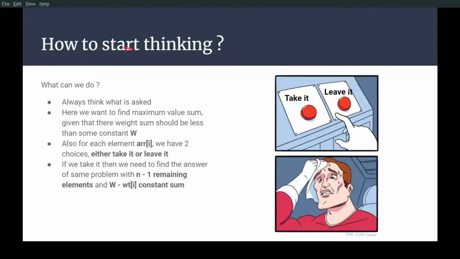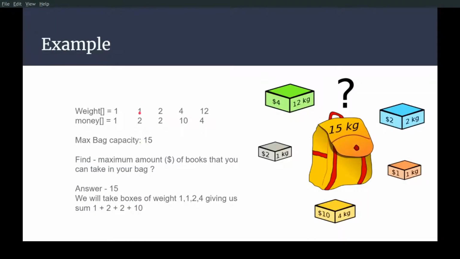Okay, how to start thinking? First of all, think what is asked. Whatever the problem statement is, put some time into it: what is asked of me. Here we want to find the maximum value sum, given that their weight should be less than the total constant weight W. Now let's say I pick this element, so for this box, I have two choices.